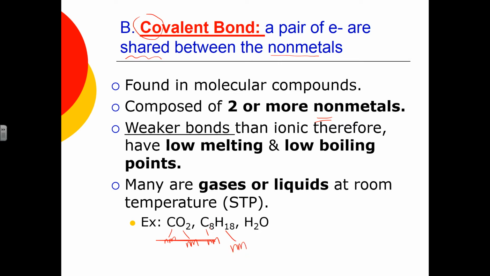This is the formula for octane, the active ingredient in gasoline. And then finally, my third example is water, dihydrogen monoxide. We have a nonmetal and a nonmetal. So molecular compounds contain covalent bonds where they're sharing electrons. These are always going to consist of a nonmetal and a nonmetal.